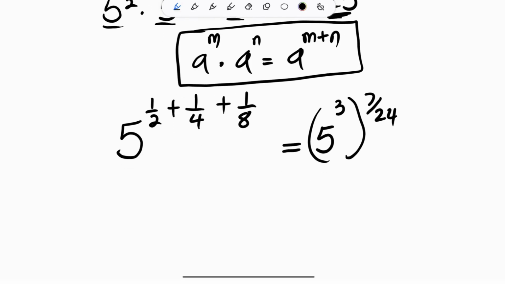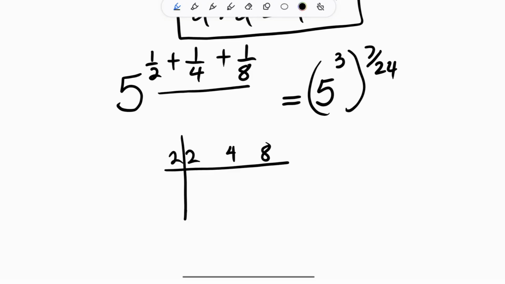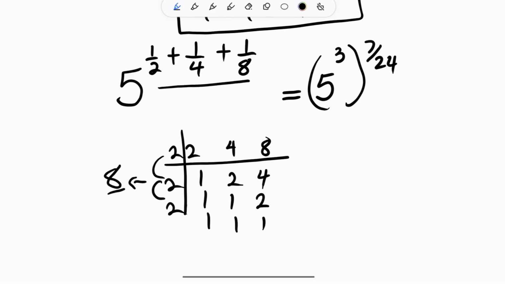If we add this up, we have 2, 4, and 8. The LCM is 8.